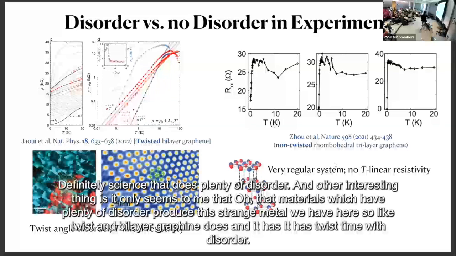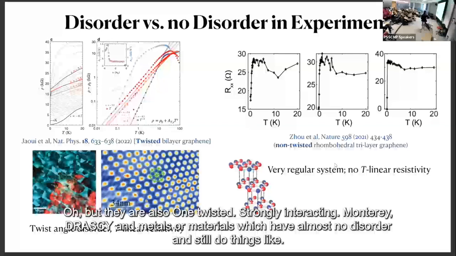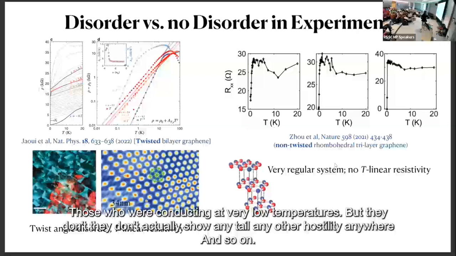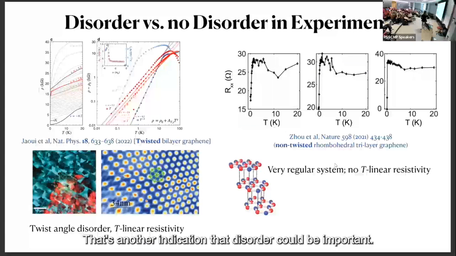Twisted bilayer graphene does, and it has twist angle disorder, but there are also non-twisted, strongly interacting multilayer graphene metals, materials which have almost no disorder, but they still do things like go superconducting at very low temperatures, yet they don't actually show any T-linear resistivity anywhere. So that's another indication that disorder could be important.